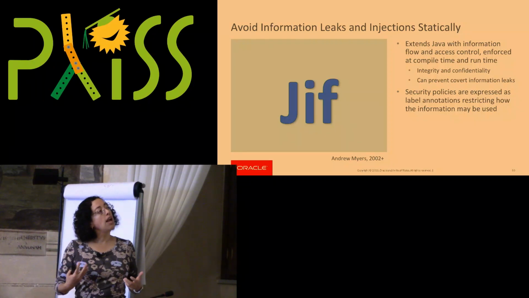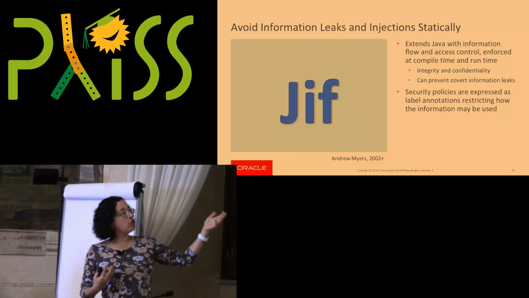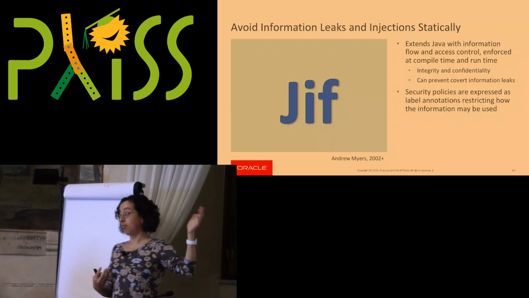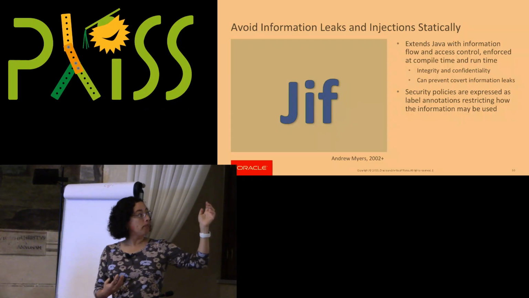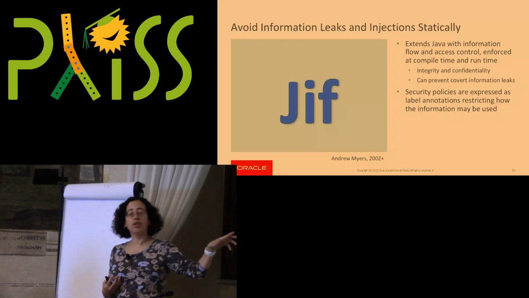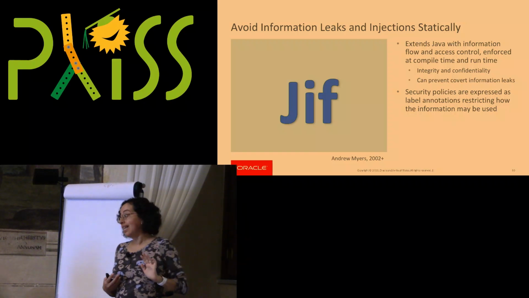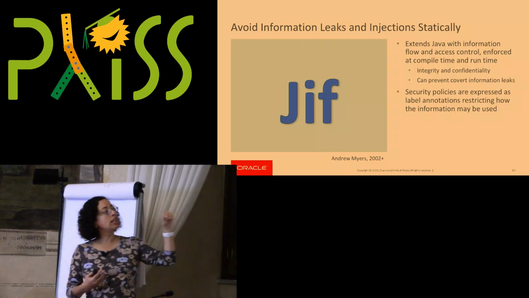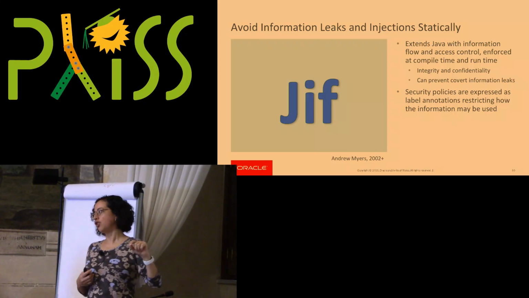And here, GIF was actually a prototype that was developed many years ago. In the past decade, Andrew Myers has been working on this. They've extended the Java language with various different types of annotations, right?